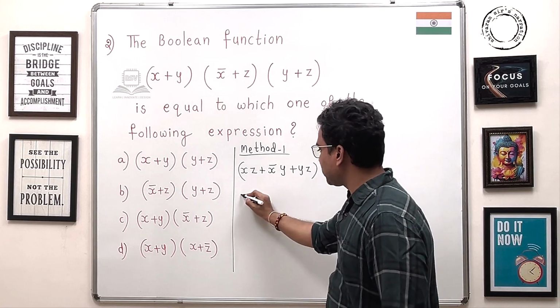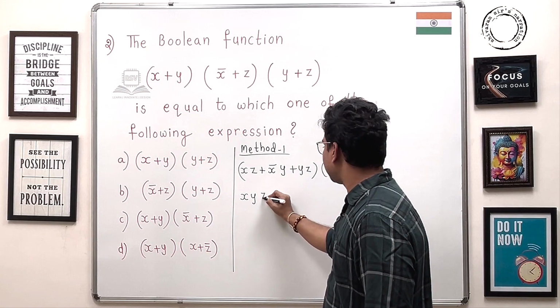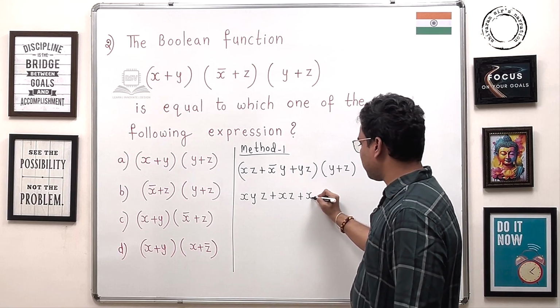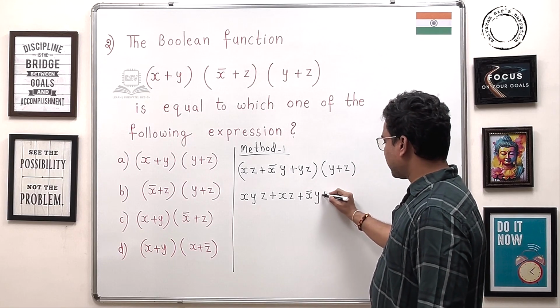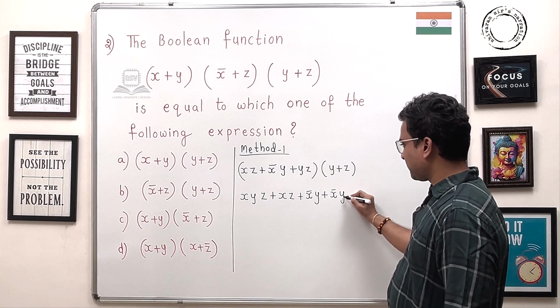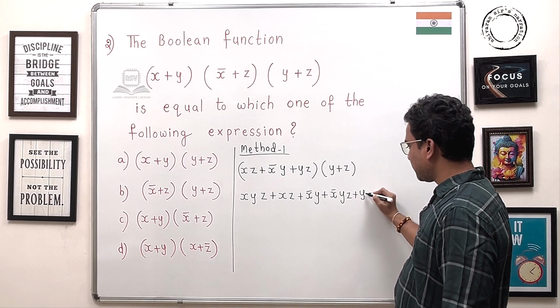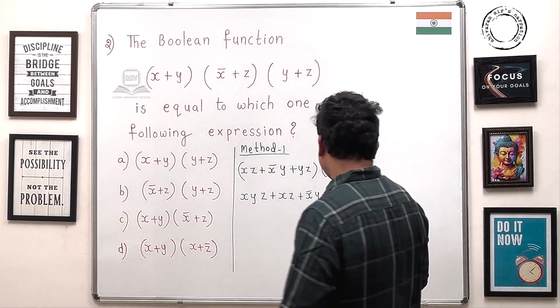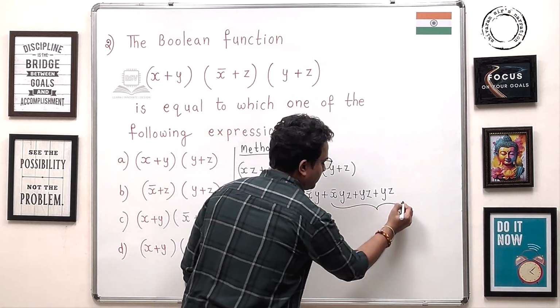Again if you multiply: xyz, xz, x bar y, x bar yz, yz, yz. Now guys, here yz is common.